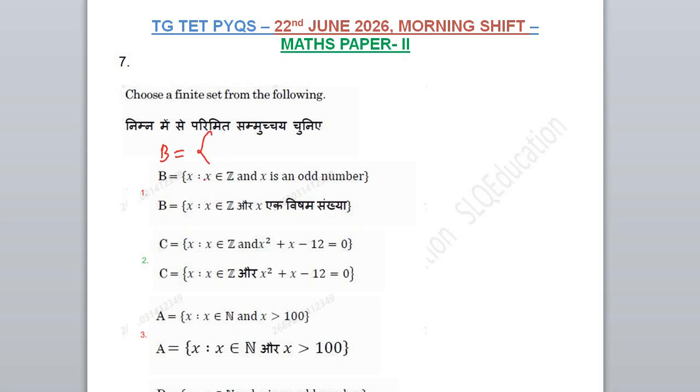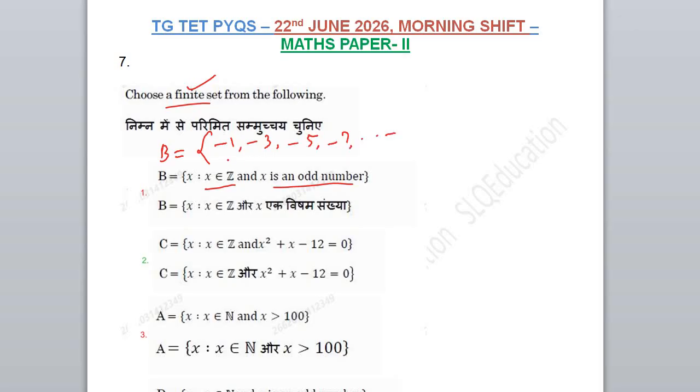B is equal to {x such that x belongs to Z, the set of integers, and x is an odd number}. Choose a finite set. So this is infinite only. X is in Z, odd number. Negative odd numbers you can take: -1, -3, -5, -7, and so on.